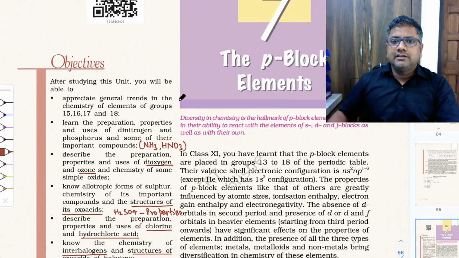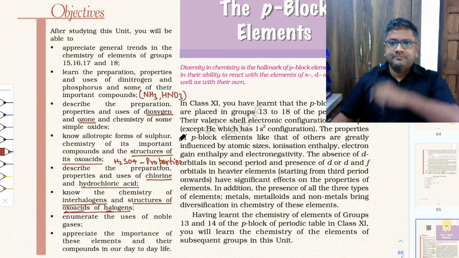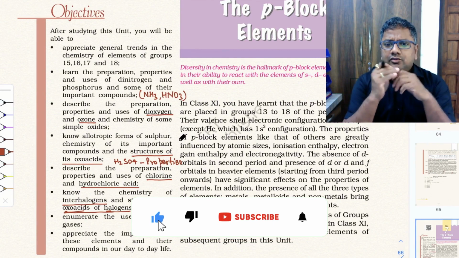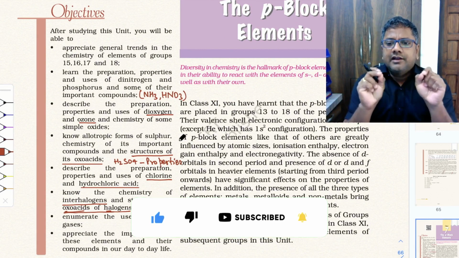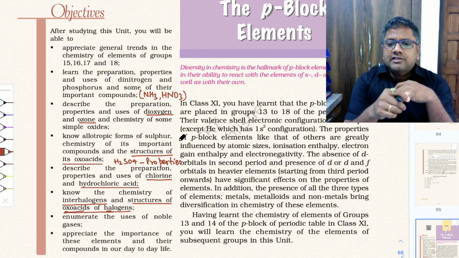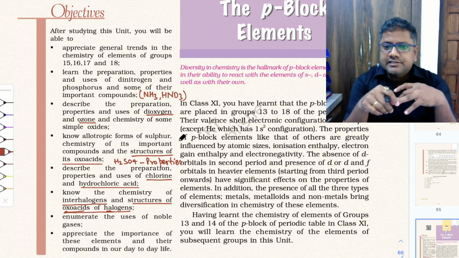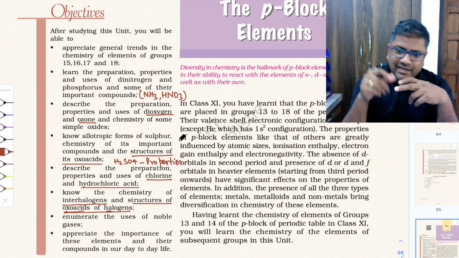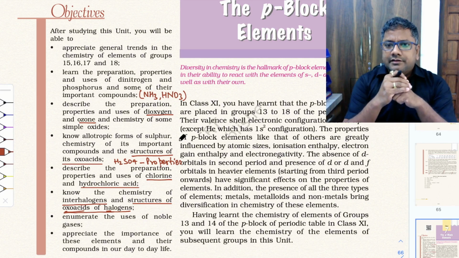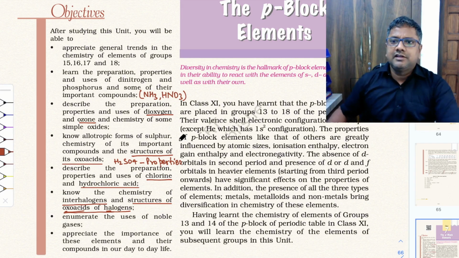Now in the P block, in group 15, everything related to the phosphorus, means oxides of phosphorus, oxyacids of phosphorus, halides of phosphorus, all the compounds related to phosphorus they have removed, right?